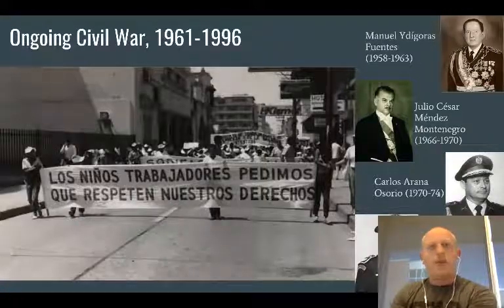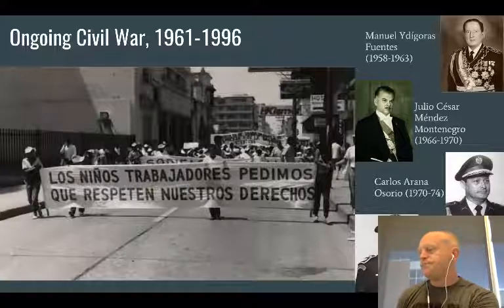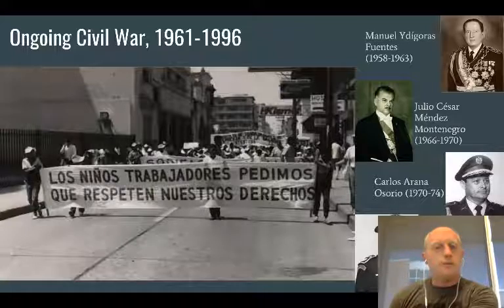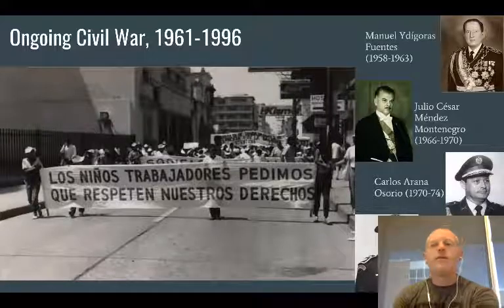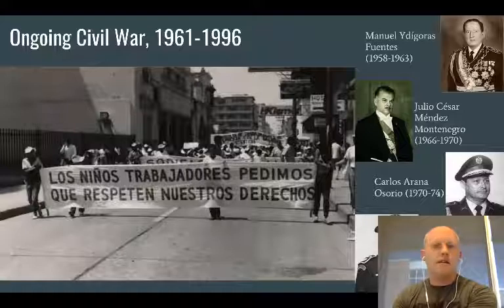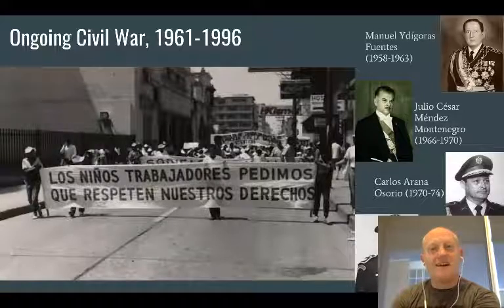Following this coup that ended the 10 years of spring, that ended democratic politics at the national level, and most importantly, what the coup did is it removed the political center from Guatemalan politics. So people like Arbenz and Arevalo, although they were painted as leftists, as even communists in the American press and elsewhere, they actually represented the center.